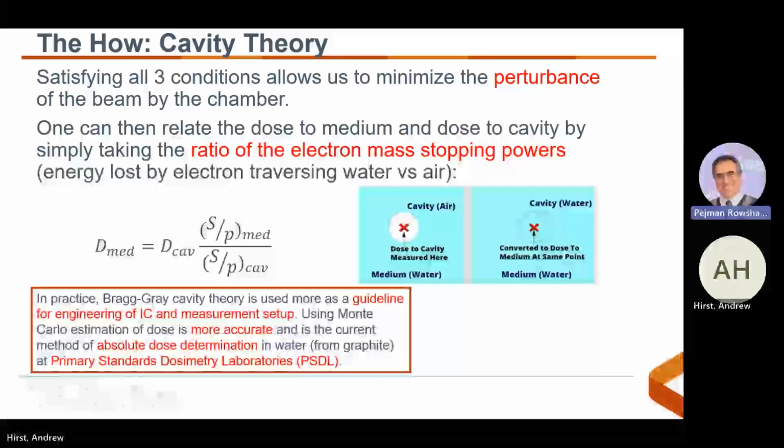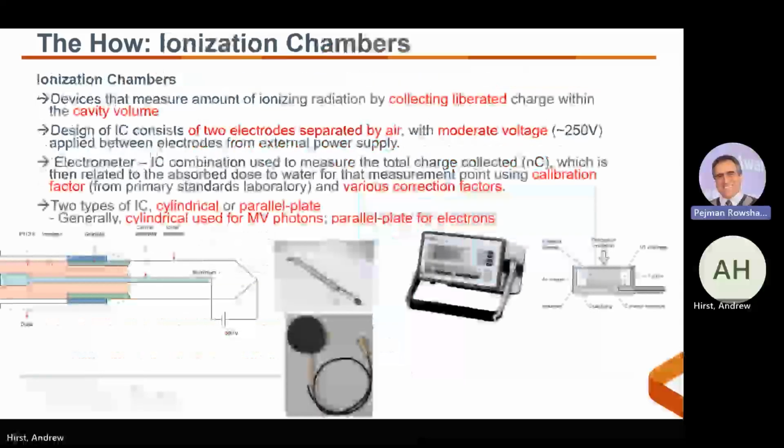That's performed from a graphite calorimeter using Monte Carlo methods. You can then estimate the dose given to water in what Andrew's going to cover in his presentation. But just to say that Bragg-Gray cavity theory isn't fundamental, but it's used to inform how we perform relative dosimetry.